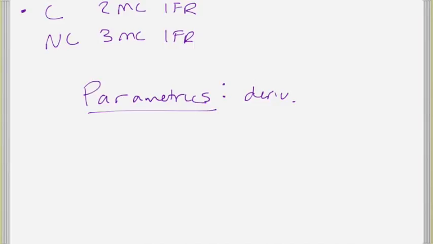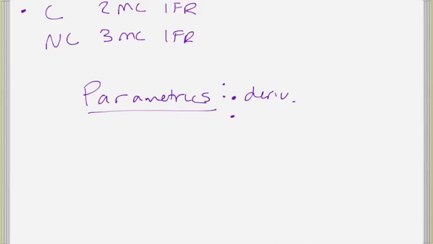If you need a second derivative for parametrics, you take each of the individual derivatives, take a second derivative, and divide it by the original x derivative. And we'll do an example, but let's just get topics out here.